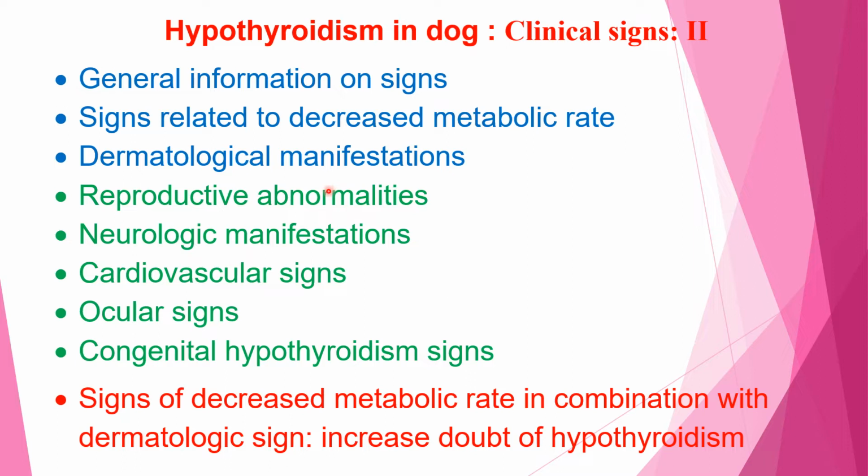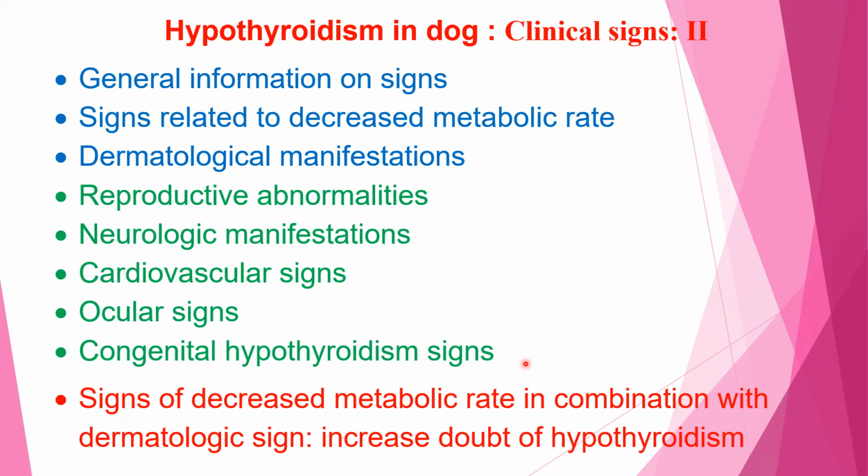In this presentation, we present some of the dermatological manifestations, reproductive abnormalities, neurologic manifestations, cardiovascular signs, ocular signs, and signs of congenital hypothyroidism in dogs, because sometimes the disease is congenital.